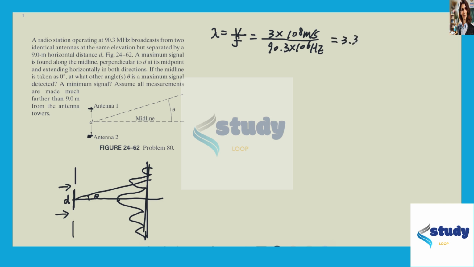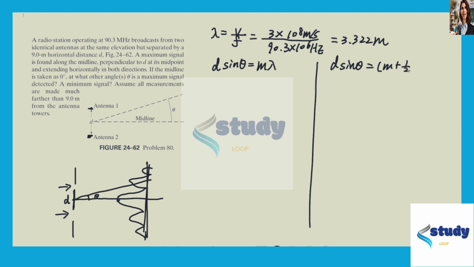3.322 meter. Now we can go back to our familiar double slit interference equations: d sine theta equals m lambda for constructive ones, and d sine theta equals m plus 1/2 lambda for destructive ones. So this is for the maximum signal and this is for the minimum signal.